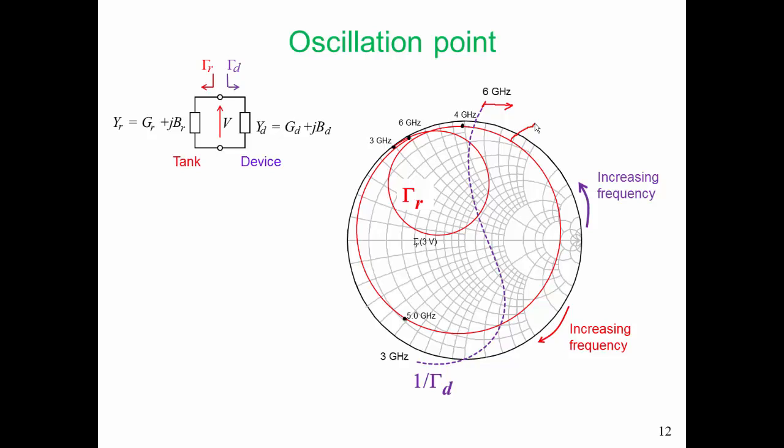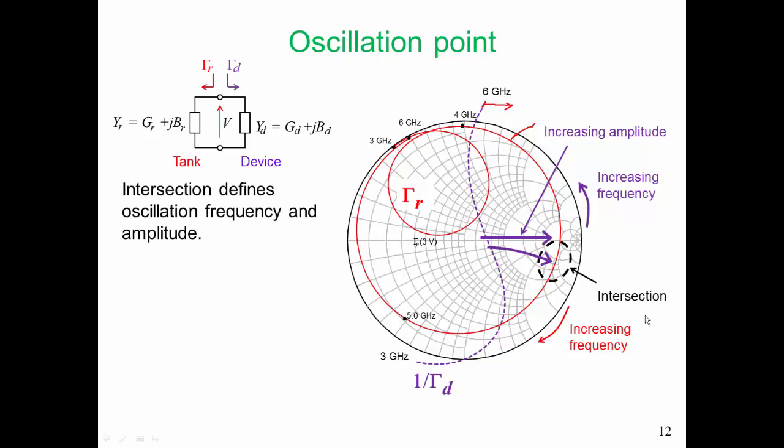As long as we've taken care of our varactor diode network, that's the only nonlinear part in our resonator network, that'll be the case. So assuming that gamma r does not change as amplitude increases, this dashed purple line will move to the right, as shown there. The point of intersection defines the oscillation frequency and amplitude.